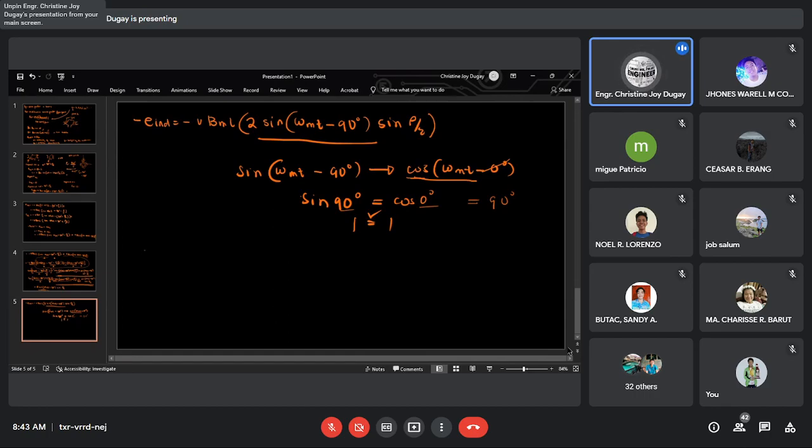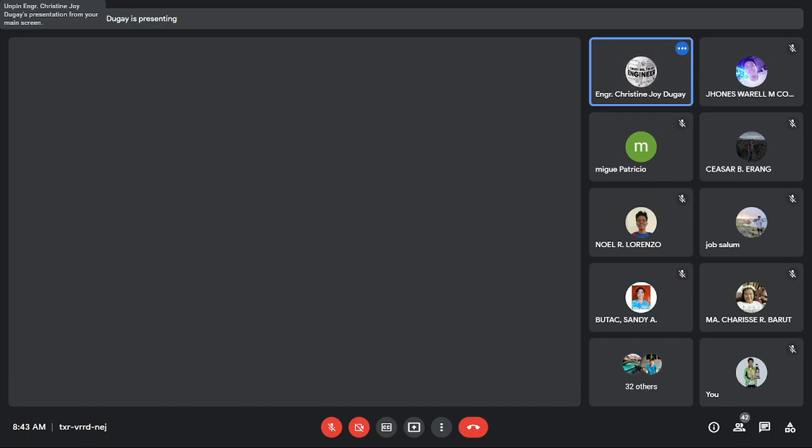So, ang negative i-induce natin, that is equal to negative v bml twice of cosine omega mt and then si sine rho over 2. So, tatanggalin natin yung negative.